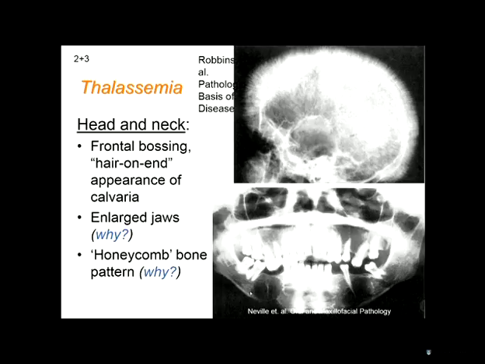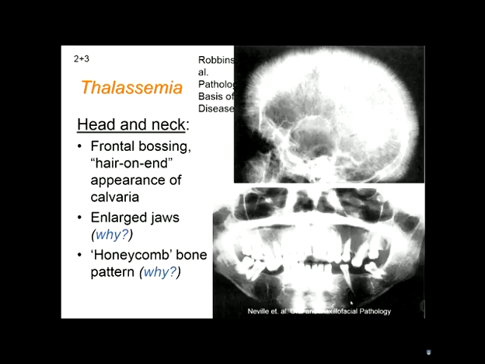And the jaws are enlarged because of the process that's going on in the bone, presenting as a honeycomb pattern. Okay, there are little radiolucent areas separated by septi, sometimes appearing a little bit like a honeycomb in a beehive. And what's going on in those areas is extra bone marrow. Normally, we don't have hematopoietic marrow in the jaws by the time we're a few years old.